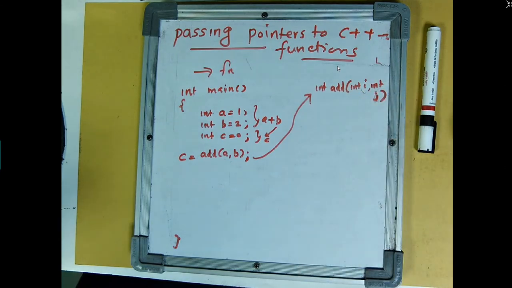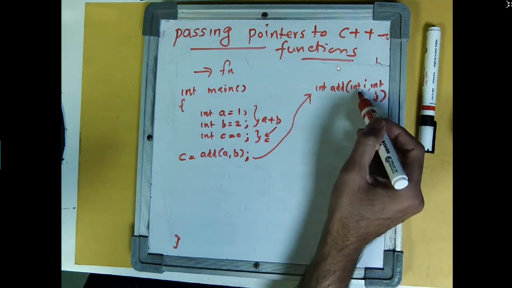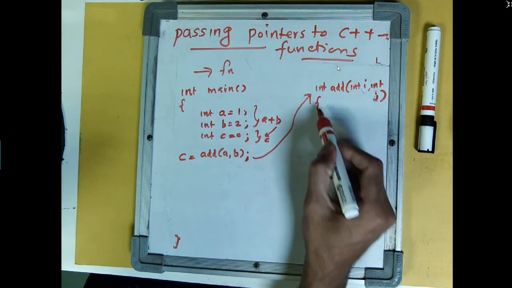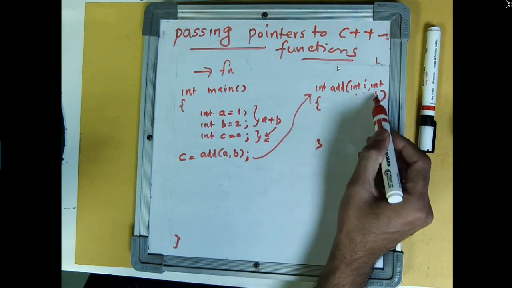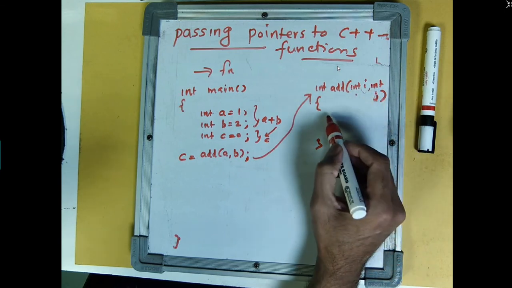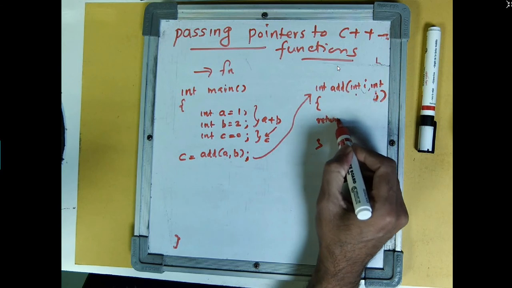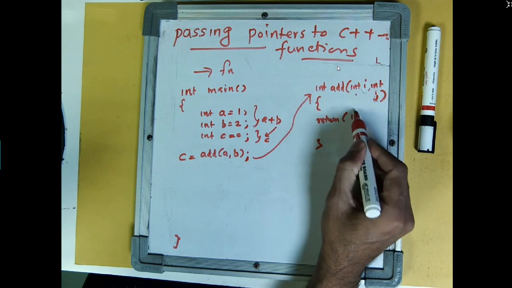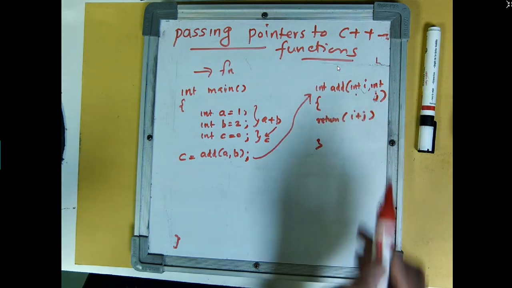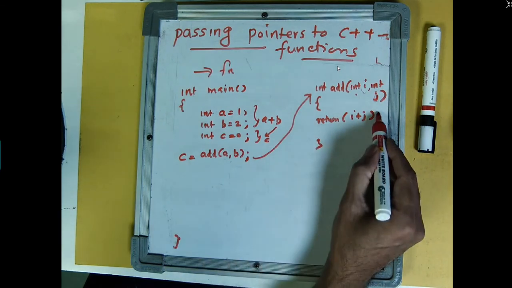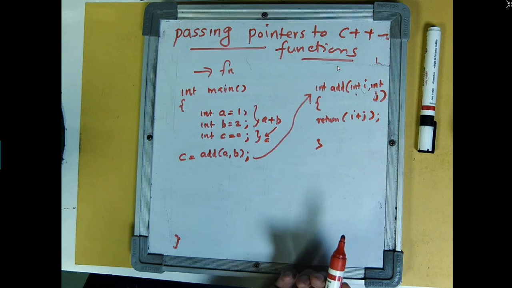It doesn't matter, right? i and j, because these variables are different from what you are passing. So now these two are local variables. Now here I have to simply say return i plus j. So this is a very simple function which you can create in C or C++.